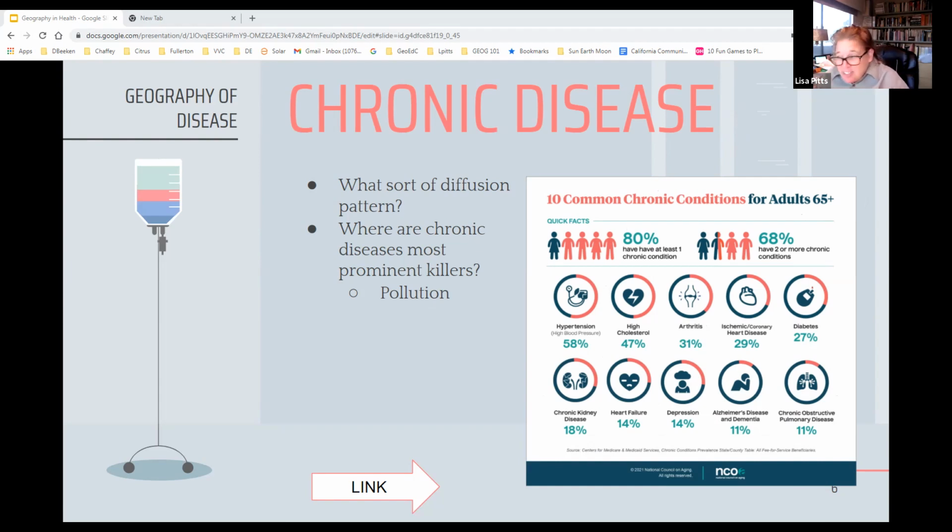Is it contagious? Not usually, unless you're talking about, I guess you could say that cancer might be considered contagious, but it's more of an environmental type situation, pollution.